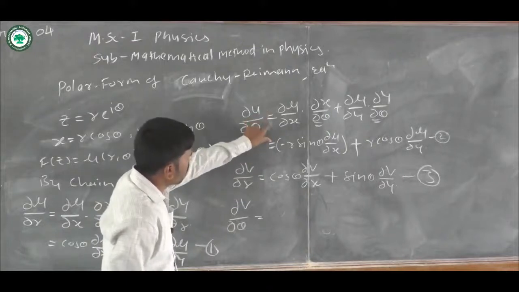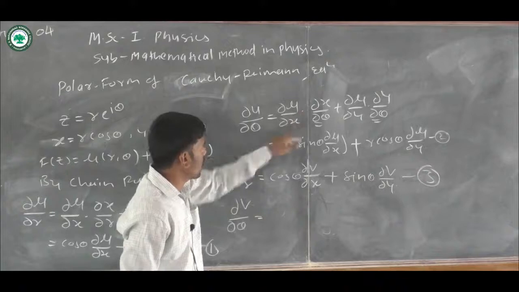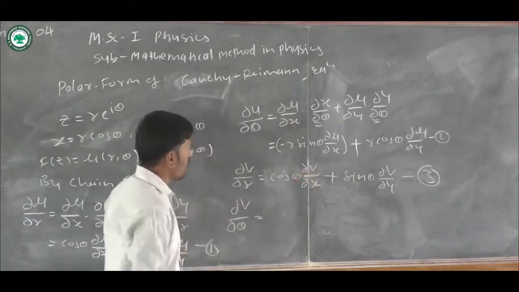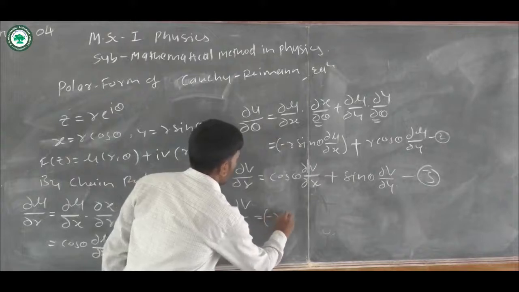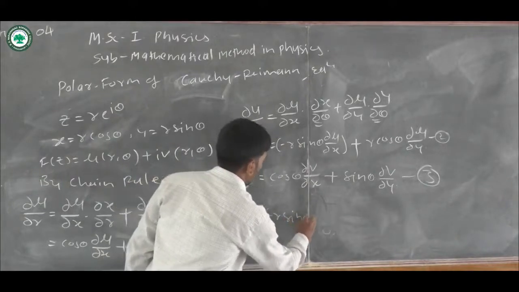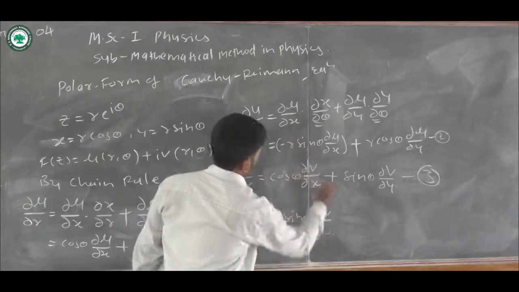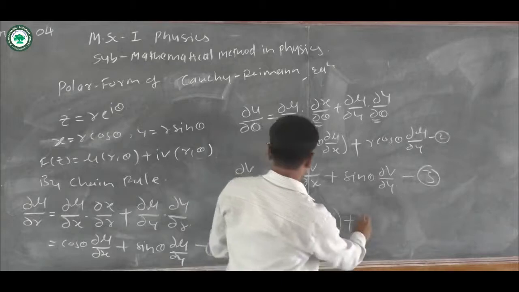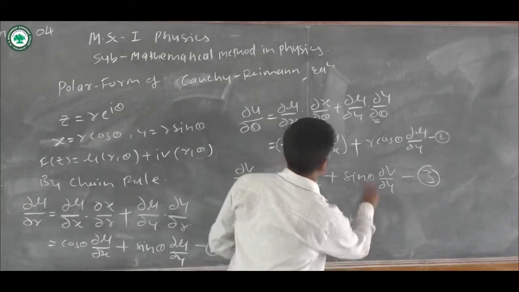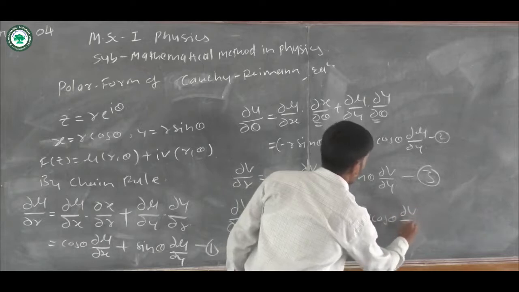Similarly I write this form, only changing these things: ∂u/∂x here becomes ∂v/∂x. So here, minus r sin theta ∂v/∂x plus r cos theta ∂v/∂y.